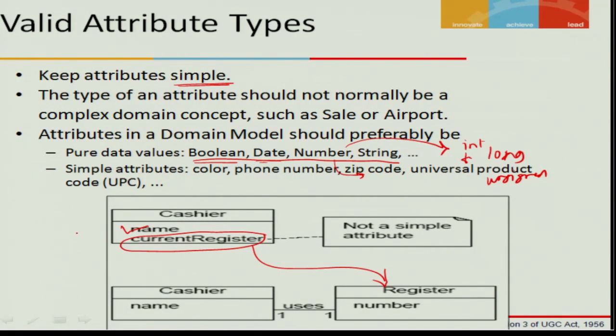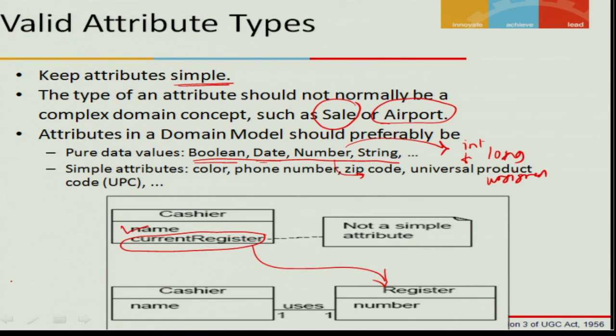Avoid an attribute which is of data type sale. If sale is appearing as an attribute of some other domain concept, you should avoid it. Airport itself is one domain concept, and if it appears as an attribute in another domain concept, it becomes very complex. You should not become this complex.